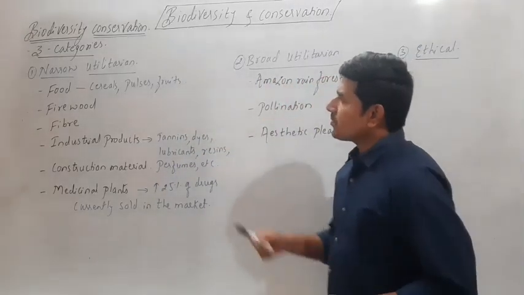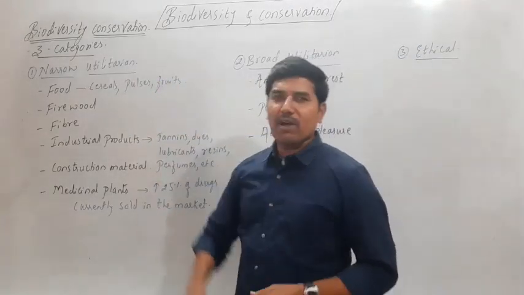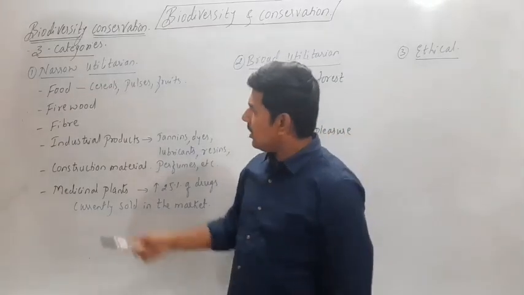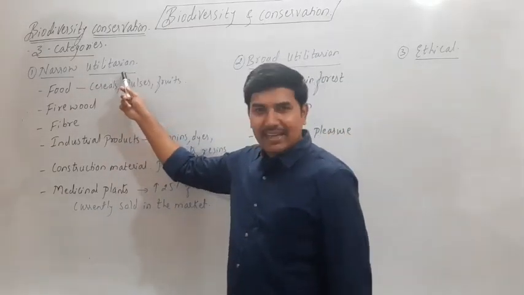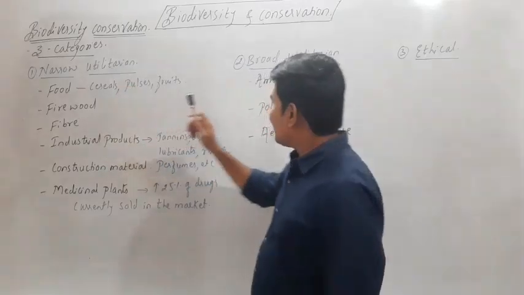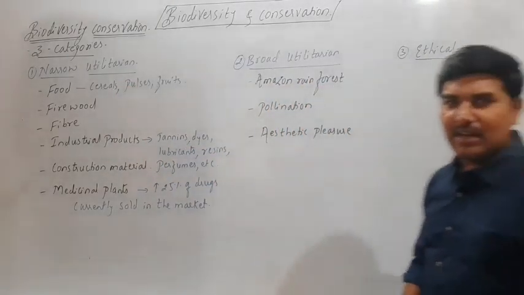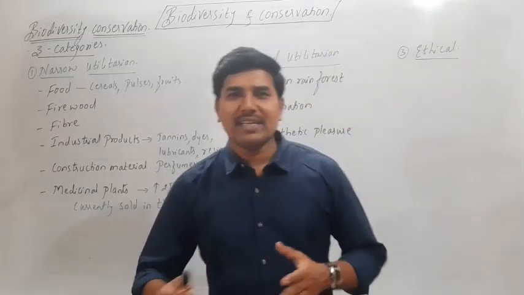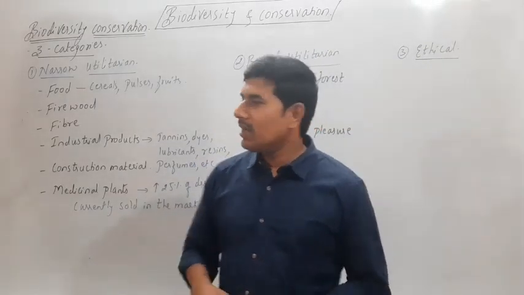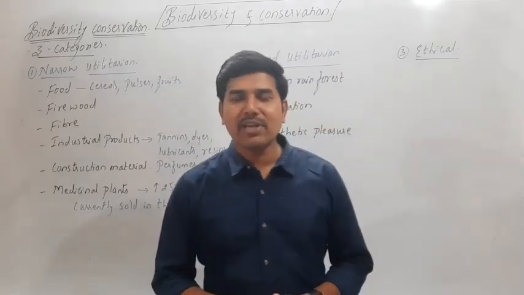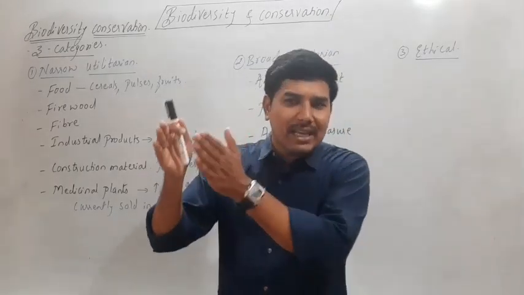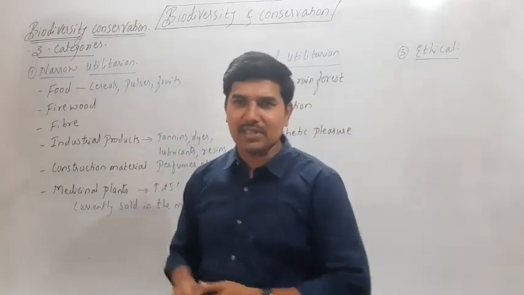Okay, then in the biodiversity conservation we have three major categories. First one is a narrow utilitarian reason, second one is a broad utilitarian reason, and the third one is the ethical part. Now what exactly is it? Narrow means we are conserving our biodiversity to a lesser extent by this process.